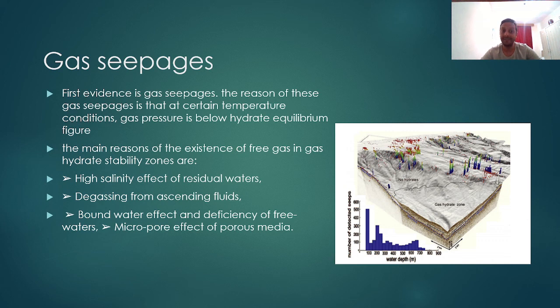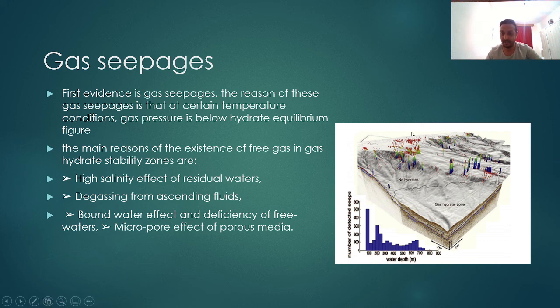The first evidence is gas seepages. The reason for this gas seep is that at certain temperature conditions, gas pressure is below the hydrate equilibrium figure, as it is here.